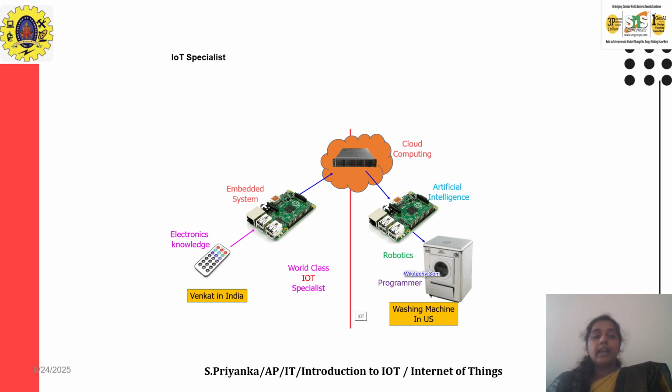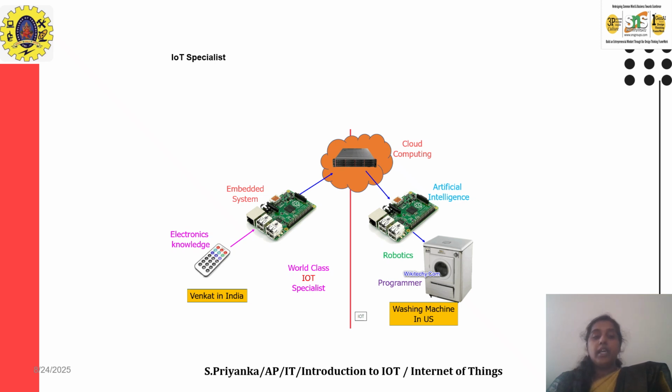Now let us see an example: Venkat in India wants to access, or control, a washing machine which is in the USA. For this control, first we should have electronics knowledge, that is remote processing.